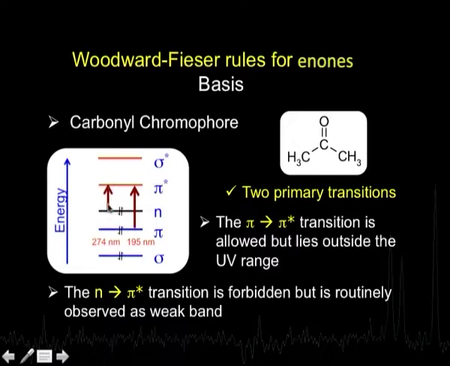Since it is of low energy, this is observed at higher wavelength. This is observed in the UV visible range, but it happens to be a forbidden transition. That's why we observe it, but as a weak band. So that is typically the spectrum you observe in the case of the carbonyl chromophore, because that is the basic chromophore, the starting point, in the case of enones.